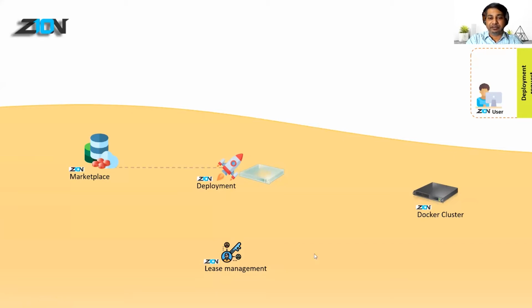So what we've done is created a lease for a few specific days and then also be able to specify how many nodes we could assign. So what we do is get the lease details from the lease management engine, and then once we've recorded and searched through the marketplace, what we can do is start deploying those simulations.